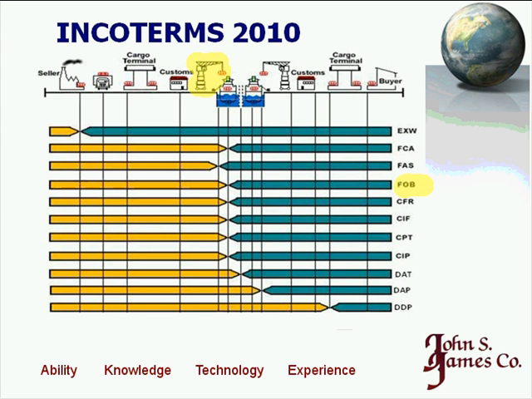Well, ladies and gentlemen, right here is where the passage of risk occurs. Unfortunately, that container never made it on the ship. It's on the dock. So that transfer of risk never occurred, and it belongs to you. So you better have marine insurance coverage on this.